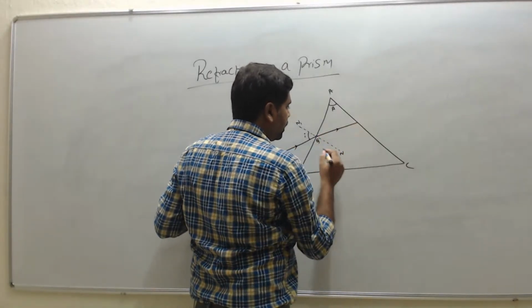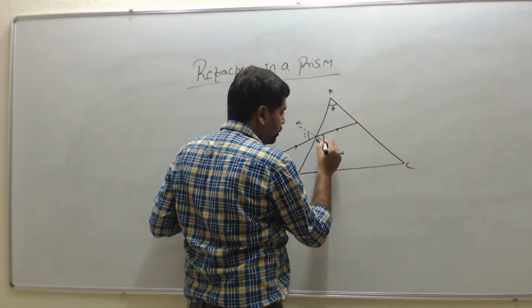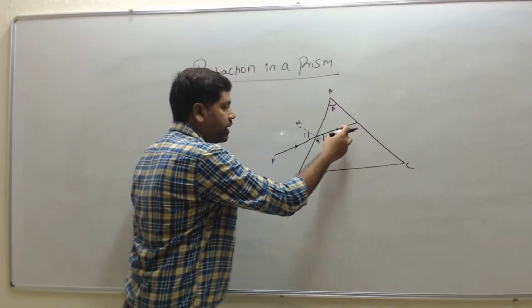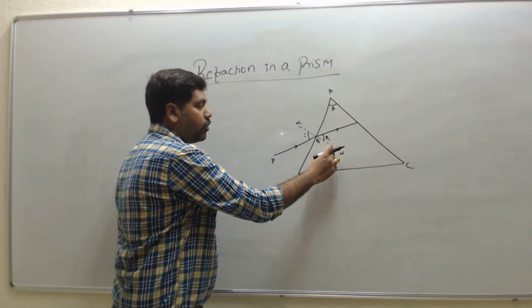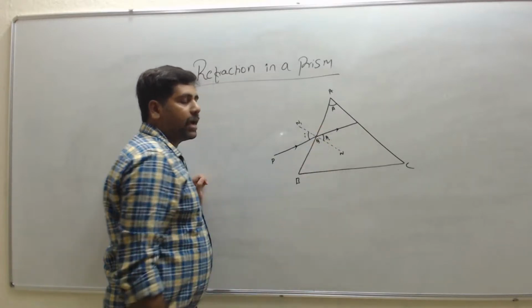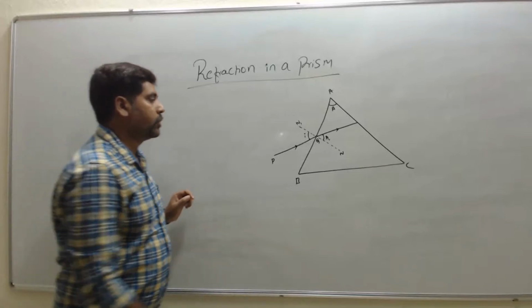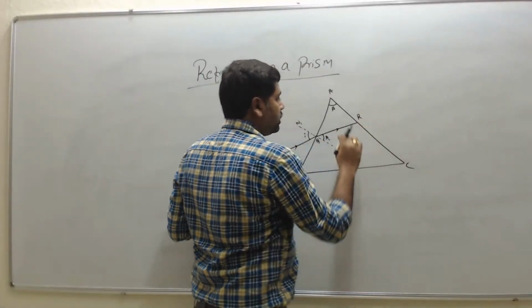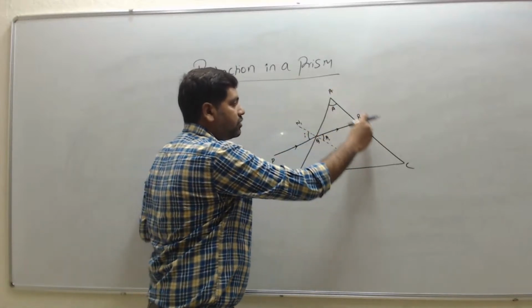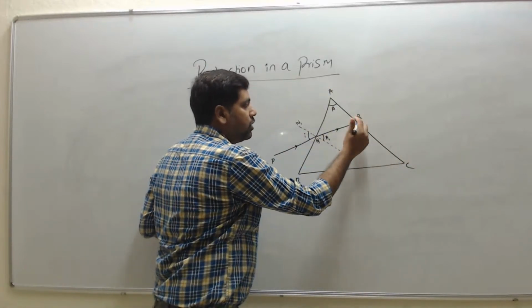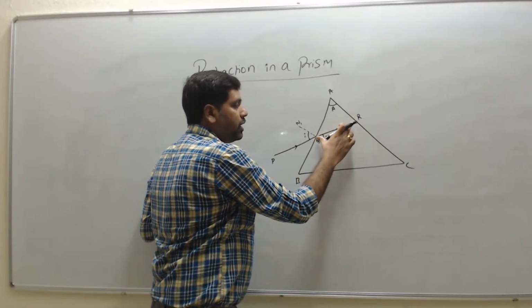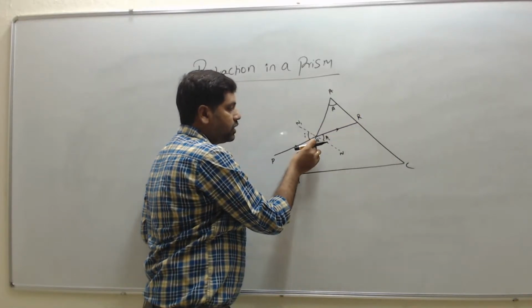This one is the refracted ray, and the refracted ray makes an angle with the normal, which we take as the angle of refraction. This refracted ray strikes the surface AC at point R. So QR is the refracted ray at the first surface.